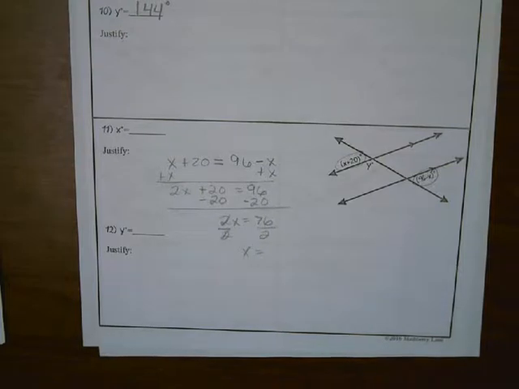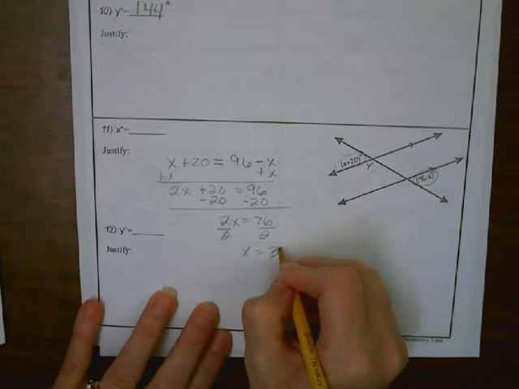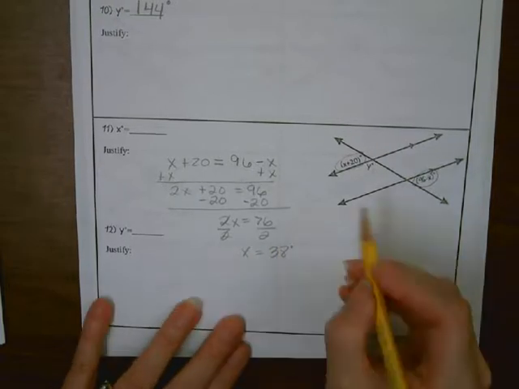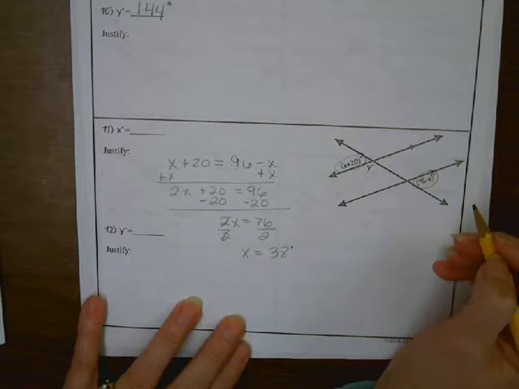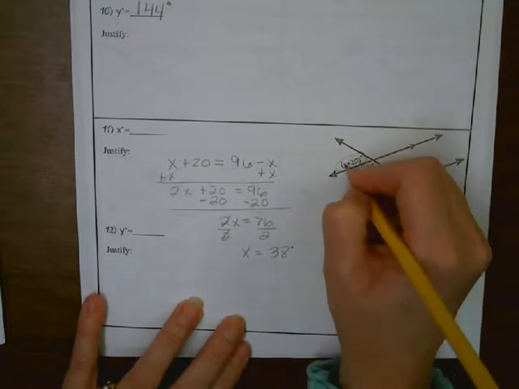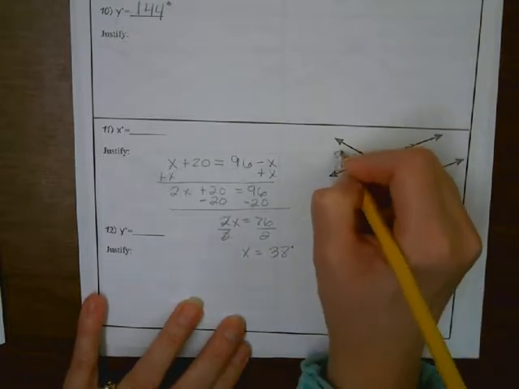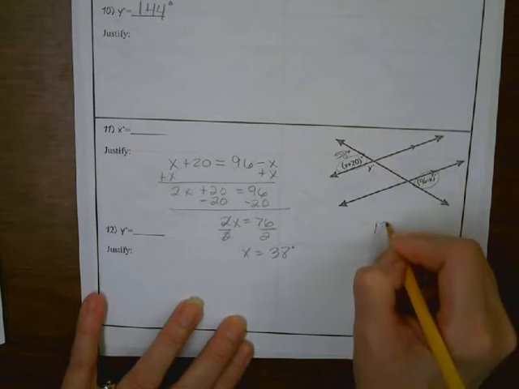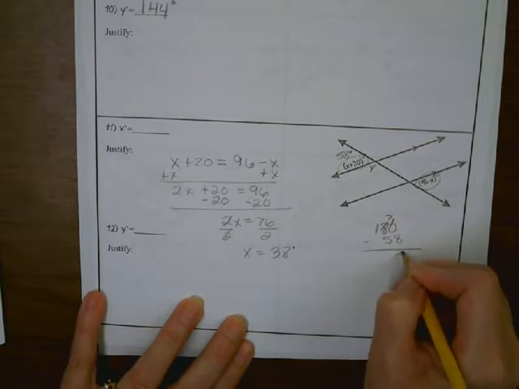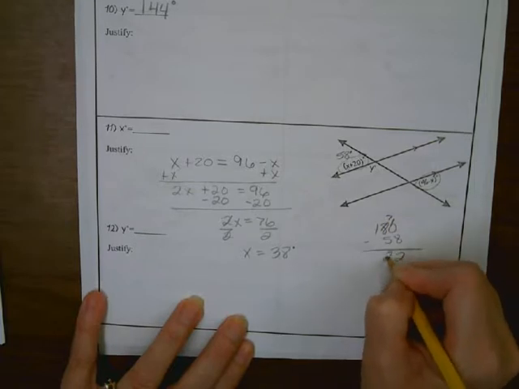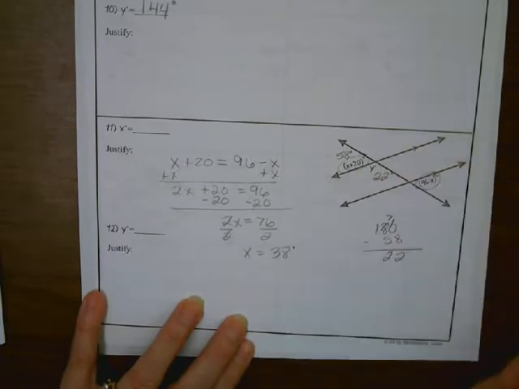Let's divide by 2. Half of 76 is 38 degrees. So if X is 38, then this would be 58. And Y would be 22.